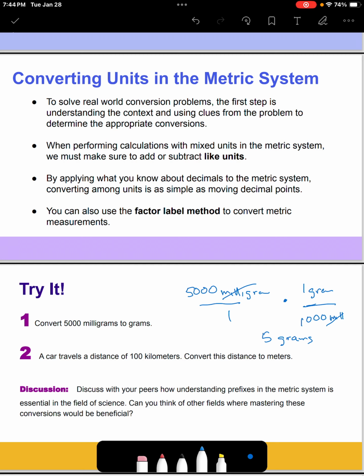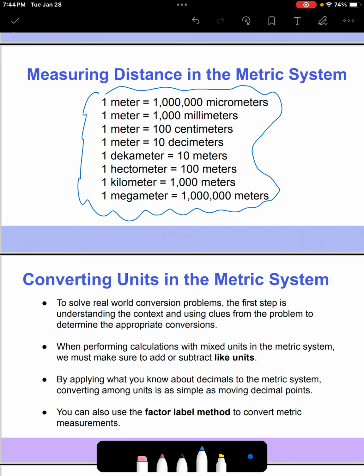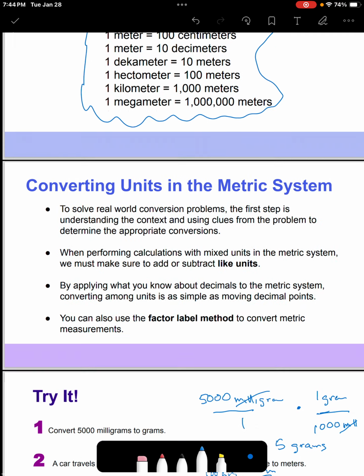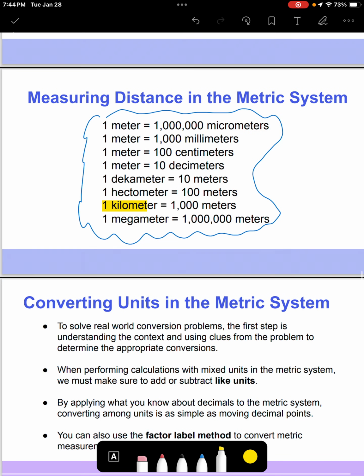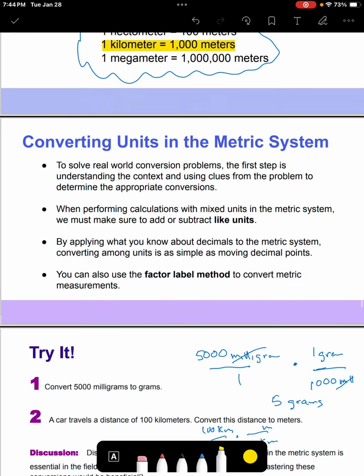A car travels 1,000 kilometers. Convert this to meters. So 1,000 km over 1. And we want km on the bottom, so we can cancel it and get meters. So how many meters are in 1 kilometer? 1 kilometer is 1,000 meters. It's right here.